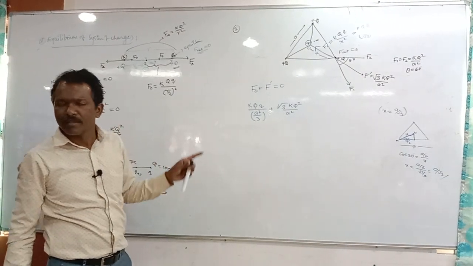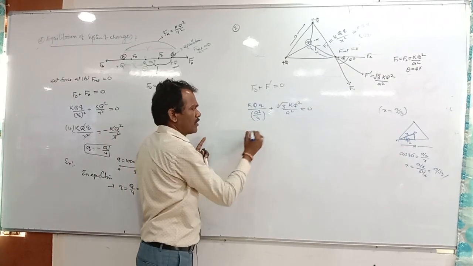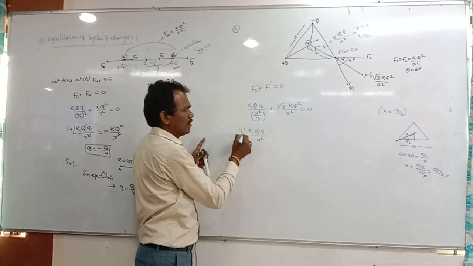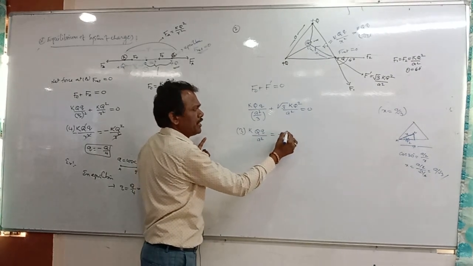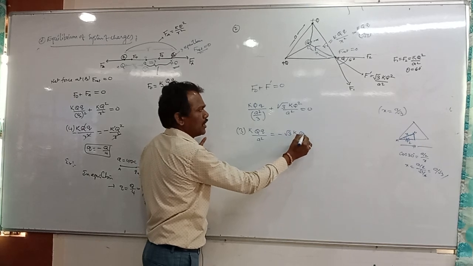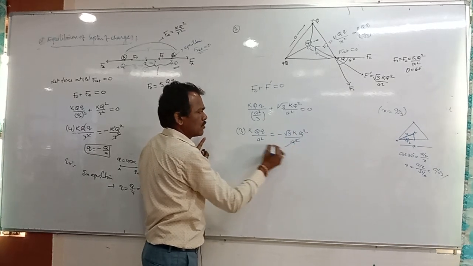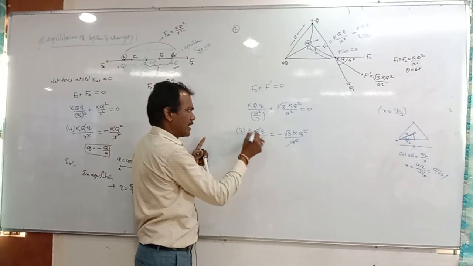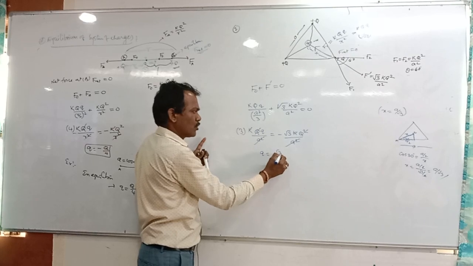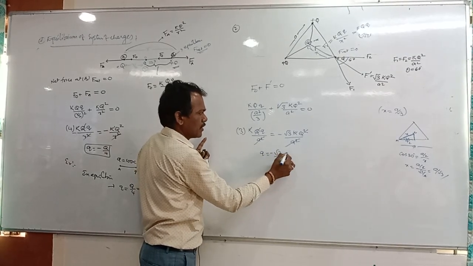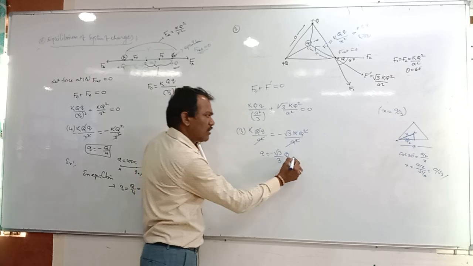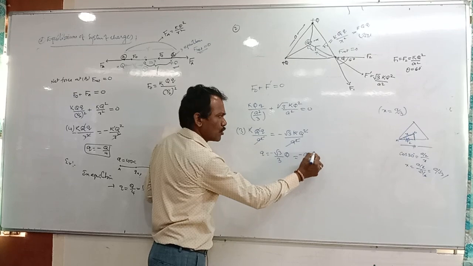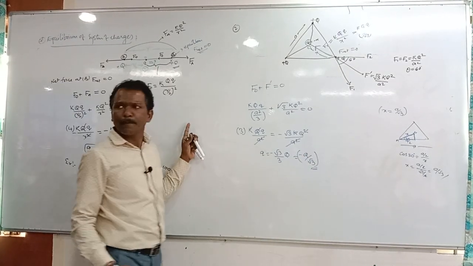Correct? Right. Then equals 0. Find out here, K Q q by A square by 3 is equal to minus root 3 K Q square by A square. Q and K get cancelled. Here q is equal to root 3 by 3 Q. So what we can get here? q is equal to minus Q by root 3 we can get. Okay? Right?